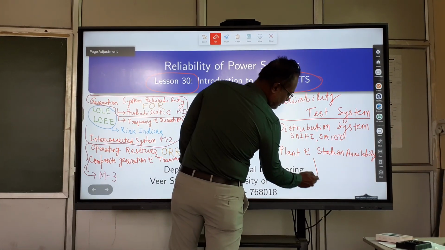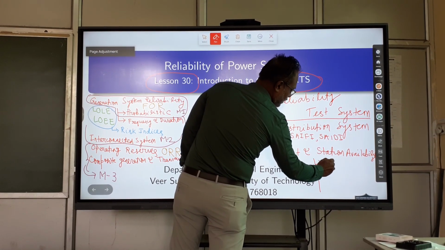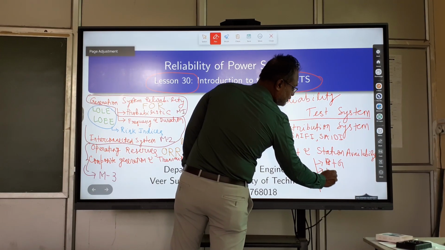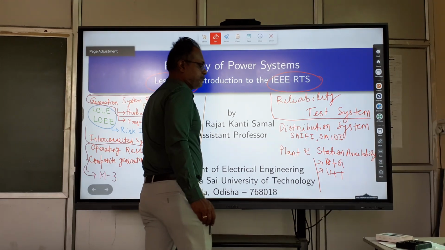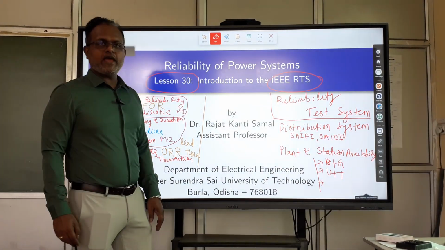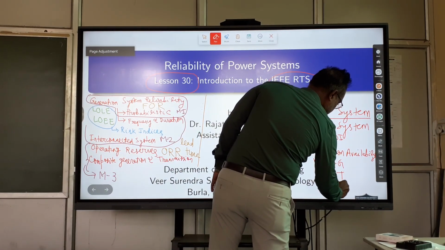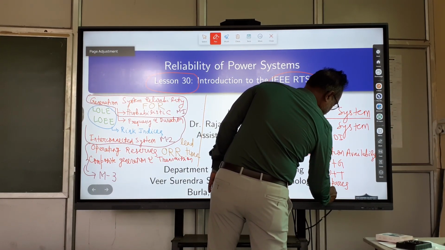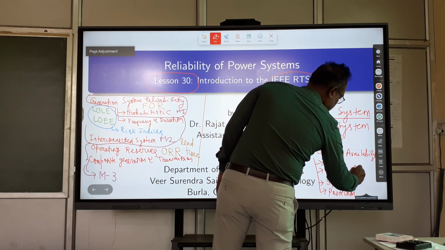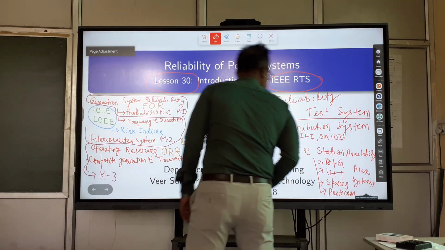Whereas when we say plant and station availability, we say boilers plus generators, unit plus transformers, then spares, then protection, and also auxiliary system. Right?